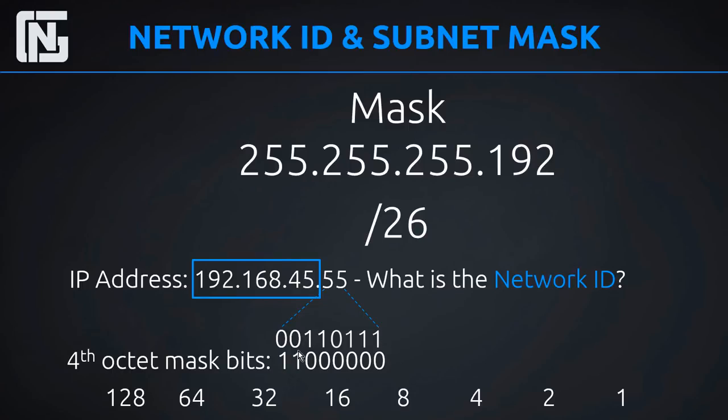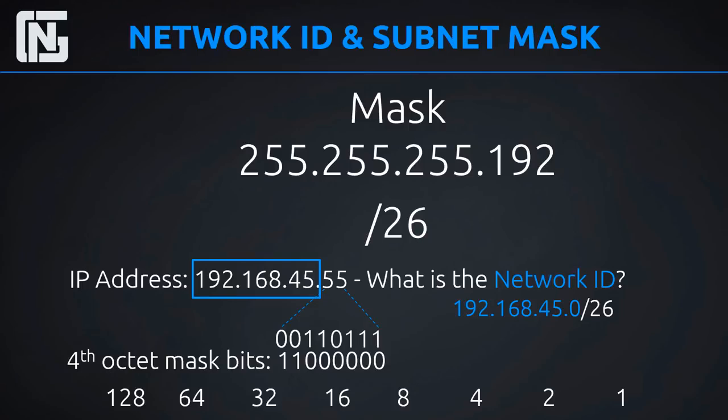Now, what is 0 plus 0? What is, if we don't have 128 or 64 turned on in our IP address, well, that adds up to what, guys? That adds up to 0. So our network ID is actually 192.168.45.0/26.